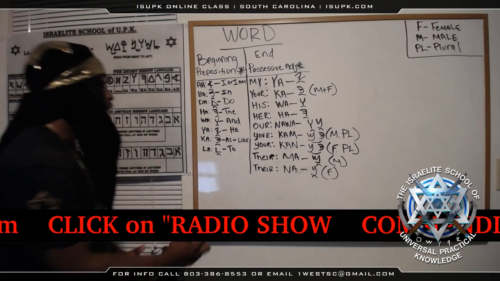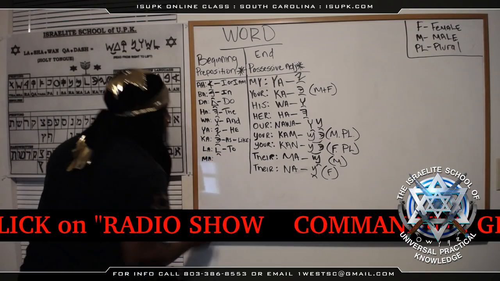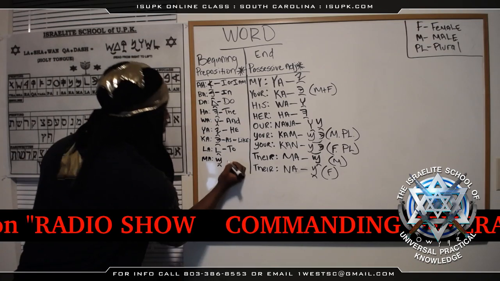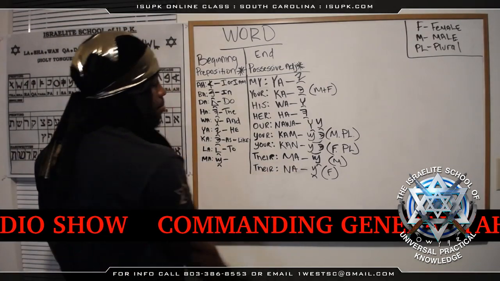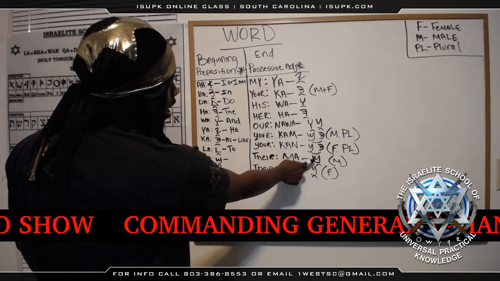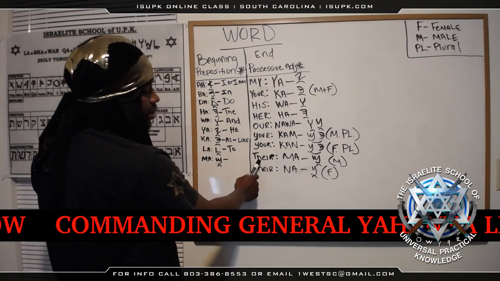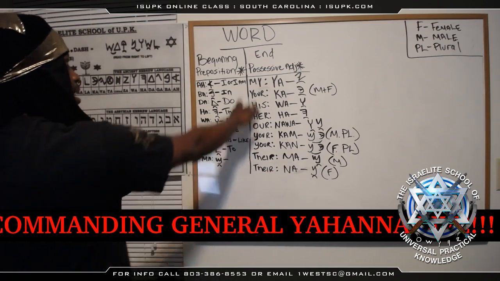Next preposition we have is Ma. Ma looks like this. All right? The masculine Ma, their masculine, I should say, is Ma. Possessive adjective.